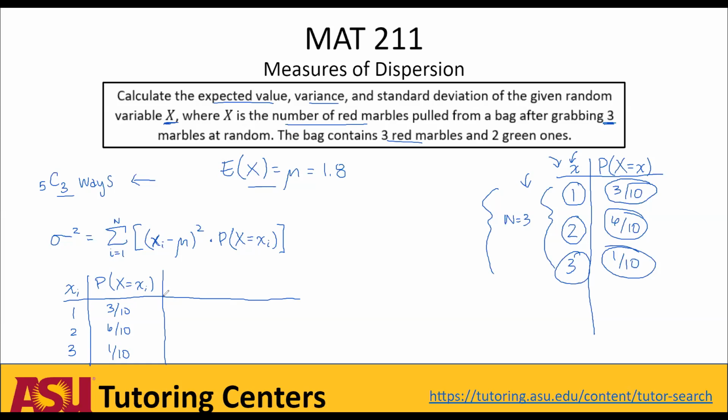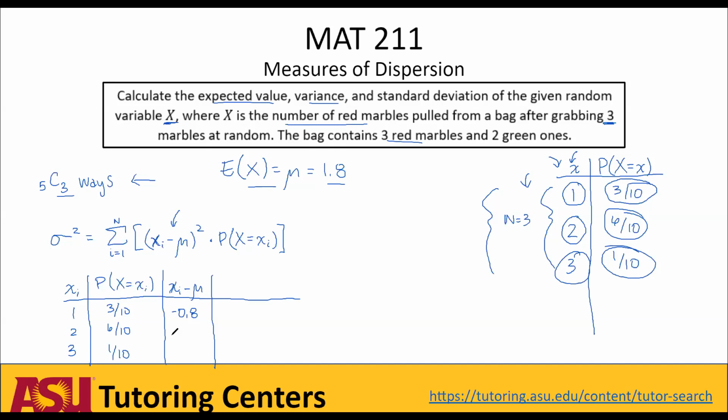Now, we want to first determine the quantity inside here, our xi minus our mu. And remember that our mu is 1.8. So for this first one, we have 1 minus 1.8. So this is negative 0.8.